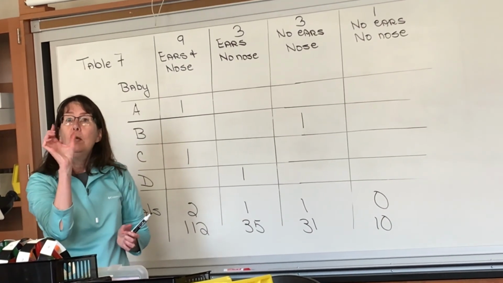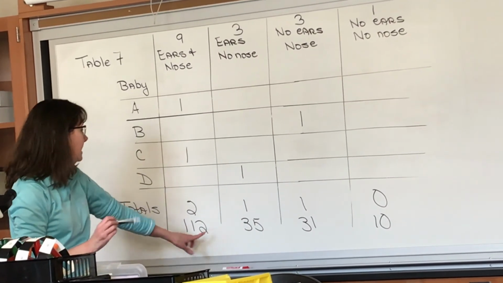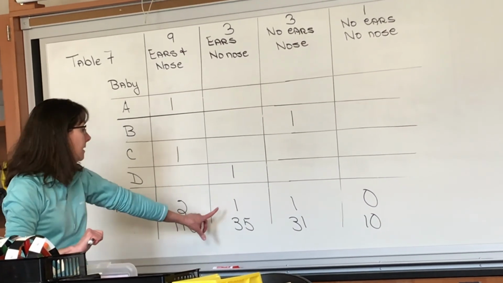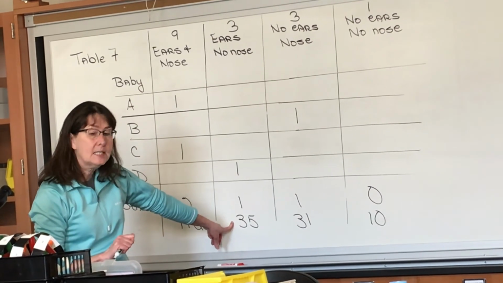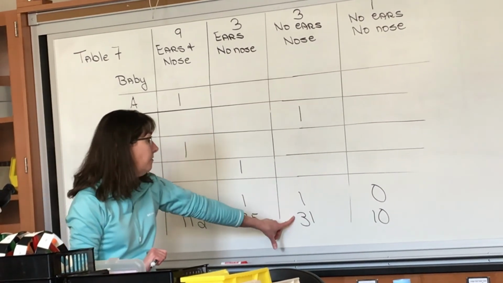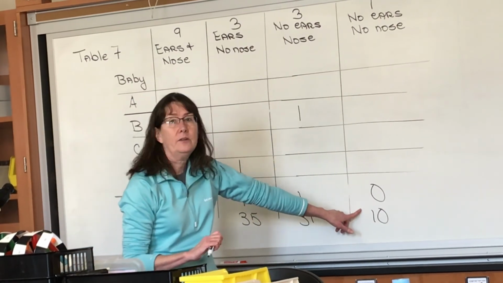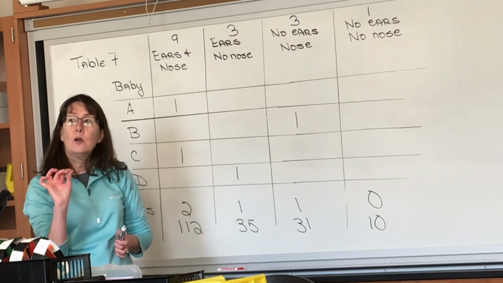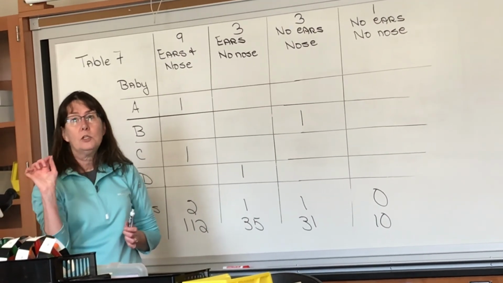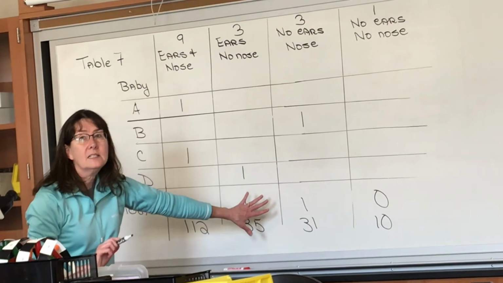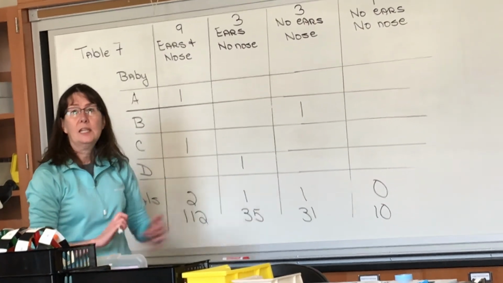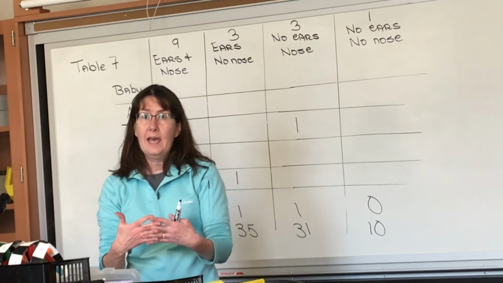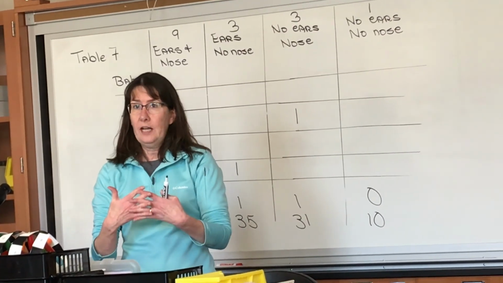A true 9 out of 16 would have resulted in 106 in this category. 3 out of 16 should have resulted in 35 in each of these, and 1 out of 16 should have resulted in 12 here. It's not a perfect 9 to 3 to 3 to 1 ratio, but it is very, very close to that. The larger your sample size, the more it reflects Mendel's patterns of inheritance.